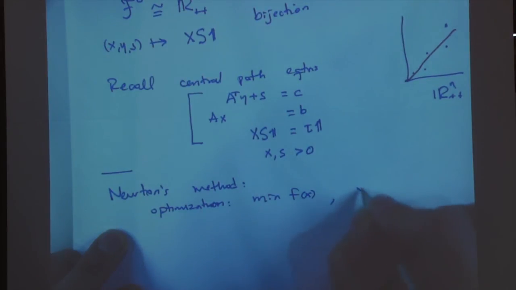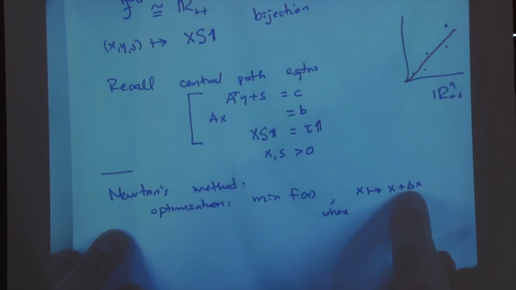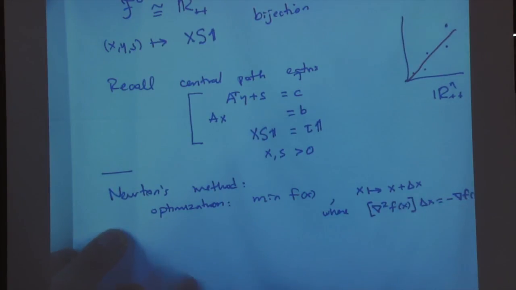So you go from a current point to a new point where the update, okay, this update is the solution to this system of equations: Hessian of f of x, delta x, equal to negative gradient of f of x. Okay, so this is Newton's method for optimization.